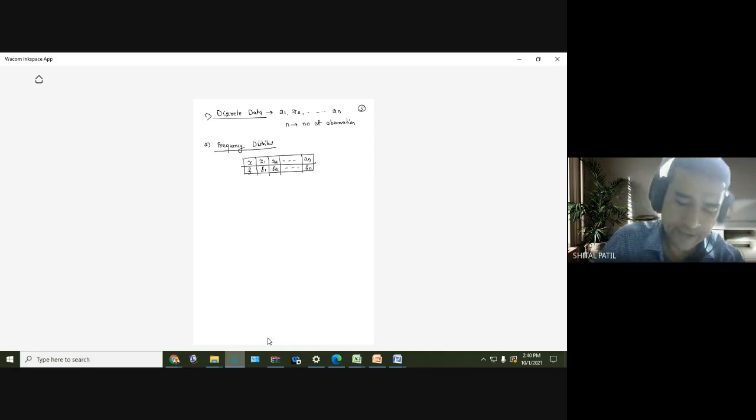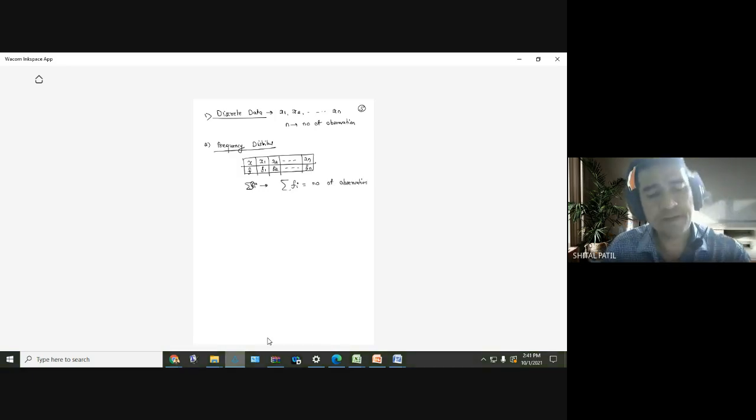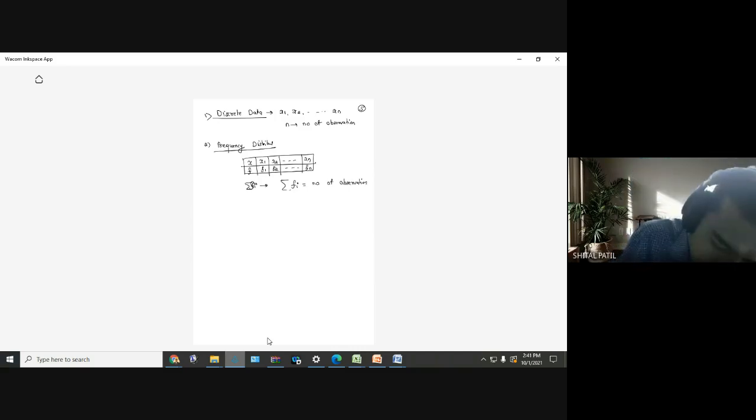Okay, and here summation of Fi is the number of observation. This is the conclusion. So two types of data are there: discrete data and frequency distribution. Frequency distribution includes both grouped as well as ungrouped frequency distribution. Okay. Hope you might have written this.